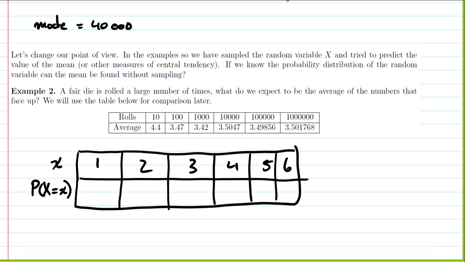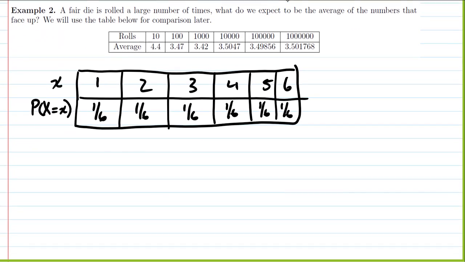Well, how many sides are on a die? 6. So we get 1/6 for each of them. So we'd get 1s 1/6 of the time, 2s 1/6 of the time, 3s, 4s, 5s, and 6s, each 1/6 of the time.